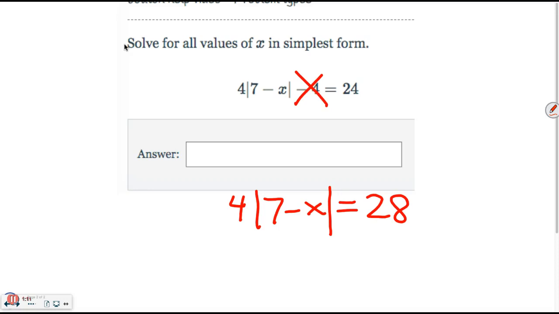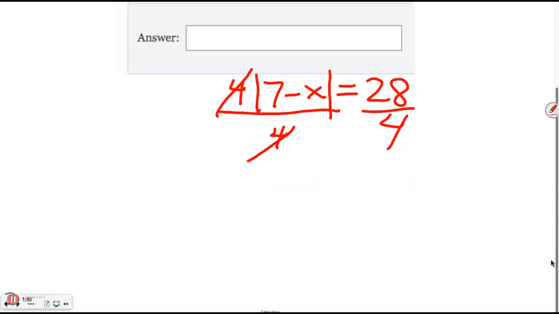So you get rid of everything in the way from the outside in, all right? So the next thing that's in the way on the outside is this 4, but it's 4 times this stuff. So you're going to divide by 4 to kill off that layer. Gone. So now you're down to the absolute value of 7 minus x being equal to 7.